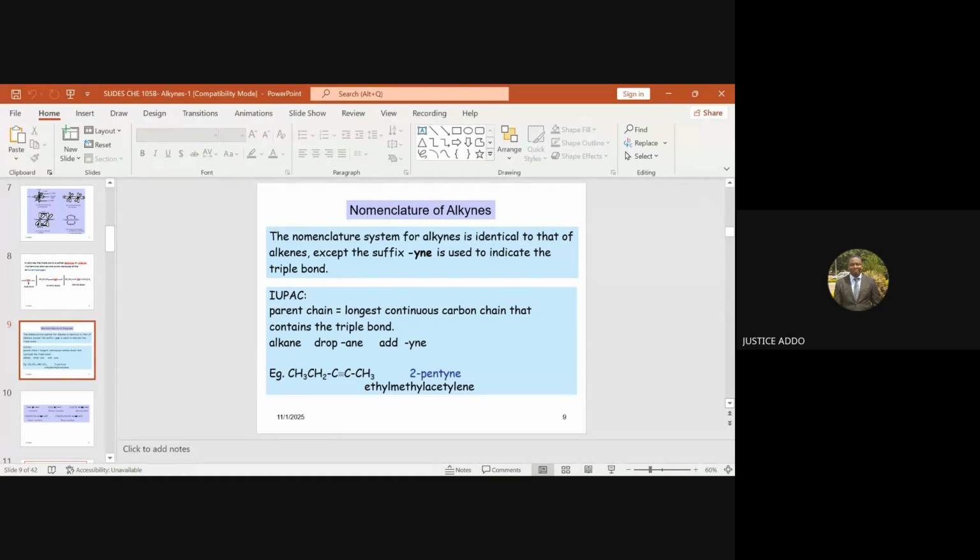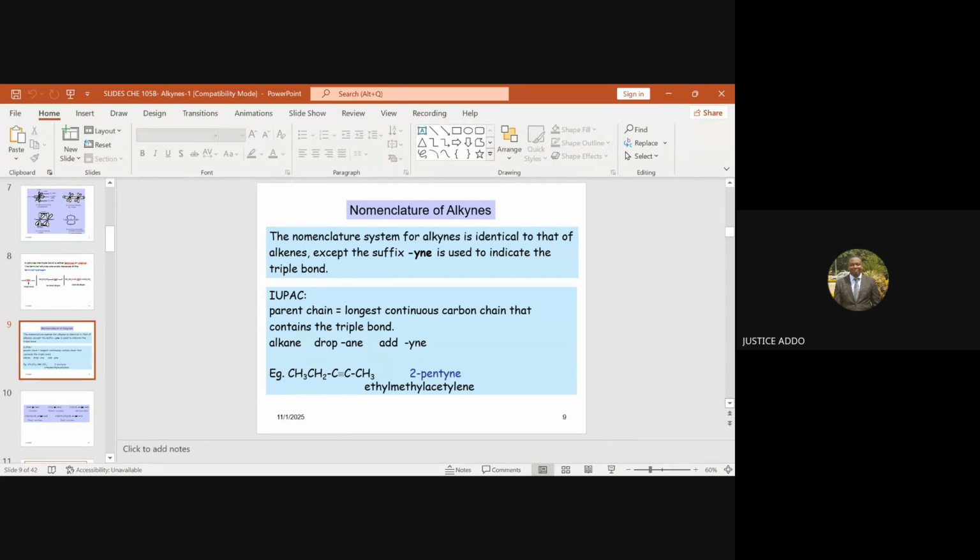Now, the nomenclature system for alkynes is identical to that of the alkenes, except the suffix YNE, which is used to indicate the triple bond. As in the case of alkenes, we have the ENE. So if it is a 2-carbon alkene, we call it ethene. Now, the ENE, the last 3 letters in alkene, you replace it with YNE.